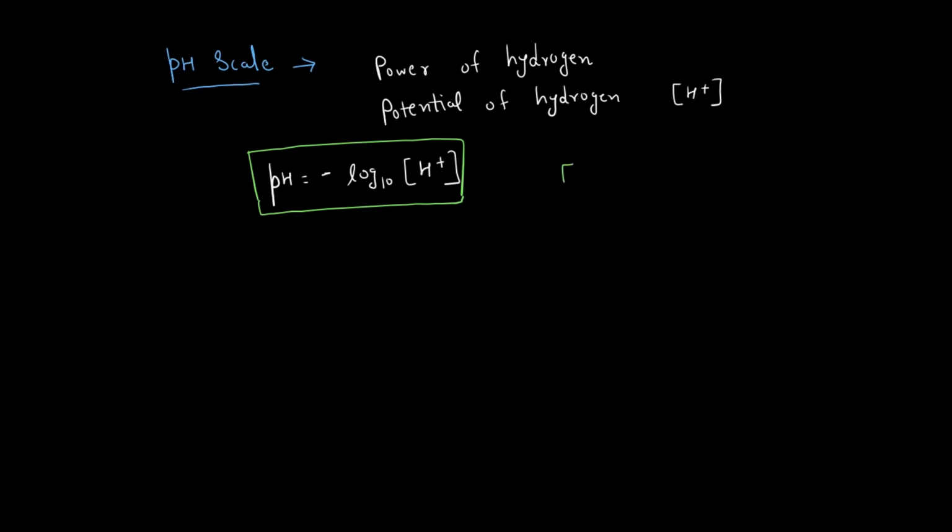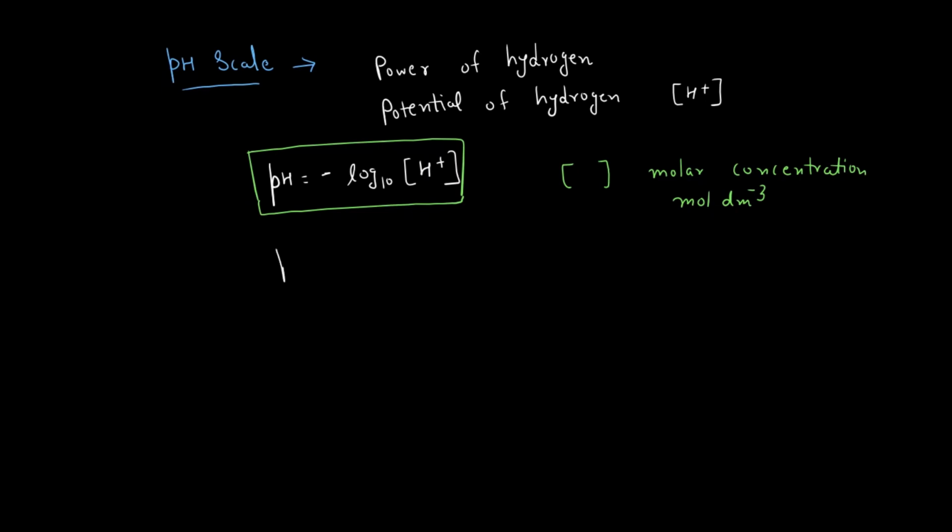Now can you tell me what is the unit of molar concentration? This square bracket represents molar concentration. So the unit of molar concentration is moles per dm cube, right? So the H plus ion concentration will be in mole per dm cube. You just plug it into this formula and you can calculate the pH.